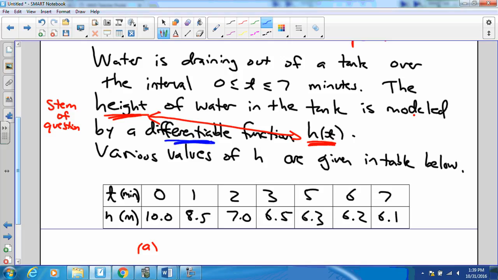That's the first thing. The second thing that I want you to observe is that our model is a differentiable model, meaning that the derivative exists for all points in the domain. So h prime of t exists for 0 to 7. Okay. Yes, sir.